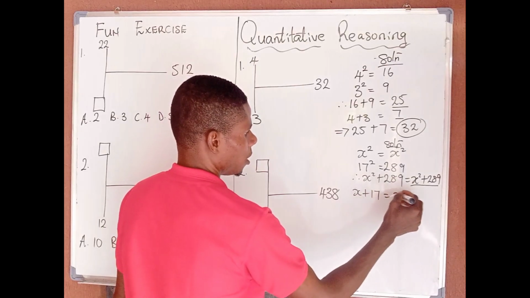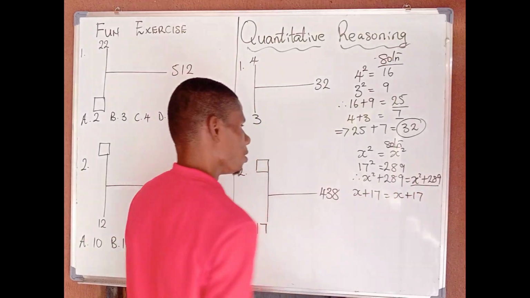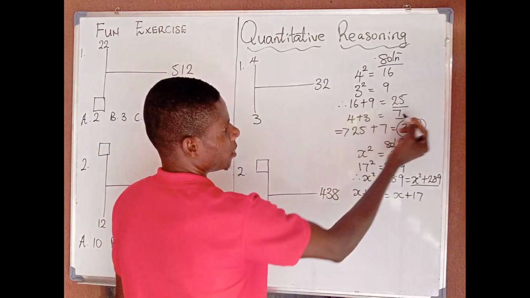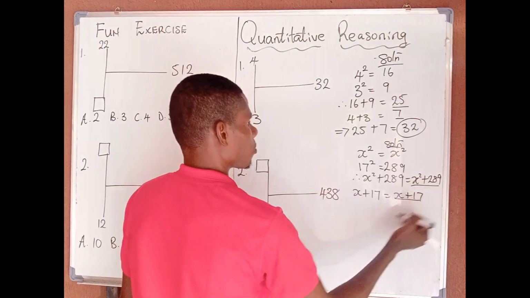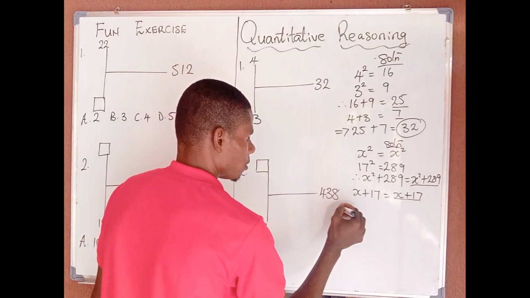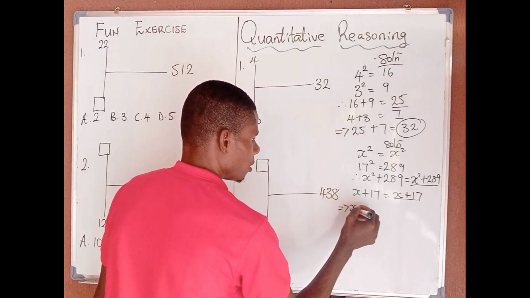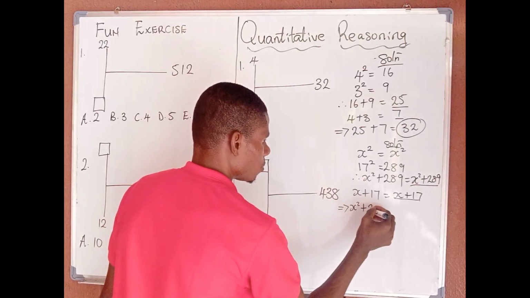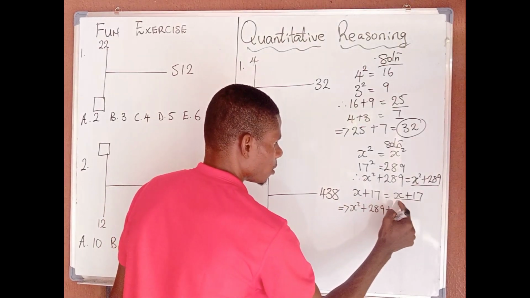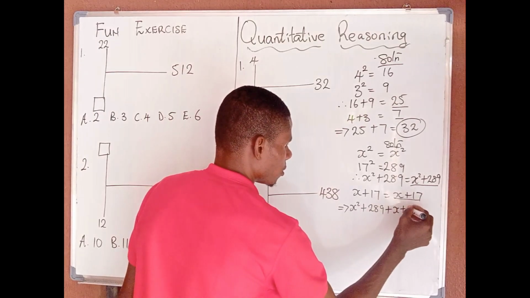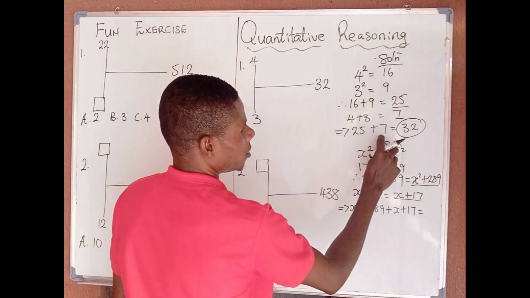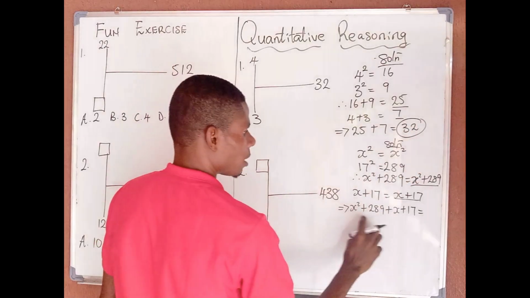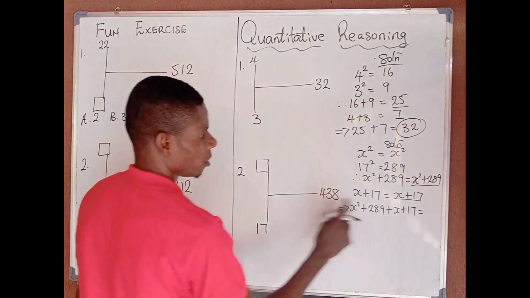This is what? x plus 17. So since we added, we got this, we add these two together. So we are going to have, this implies that x squared plus 289 plus x plus 17 is equals to, all right, so after adding these two, we have 32. So after adding these two, we are going to have 438.